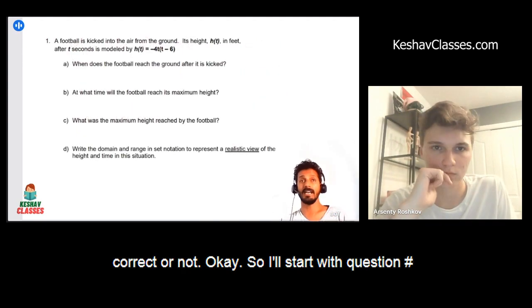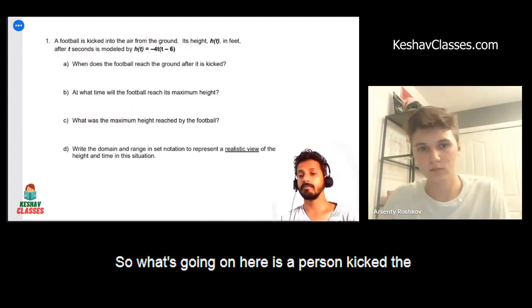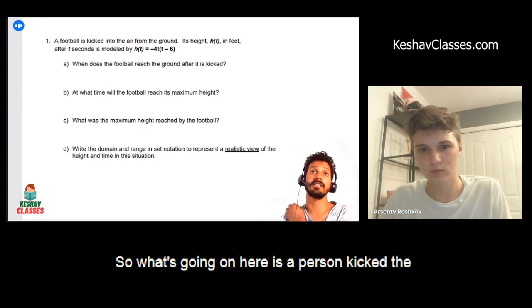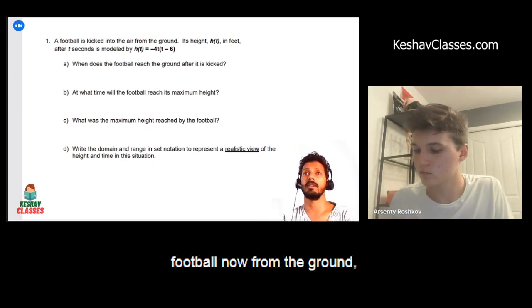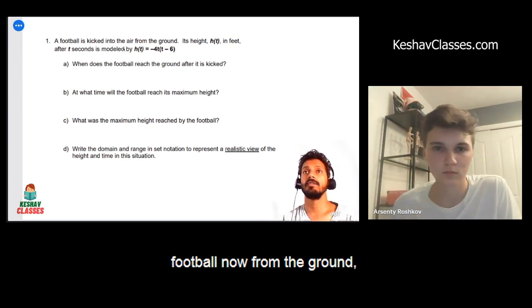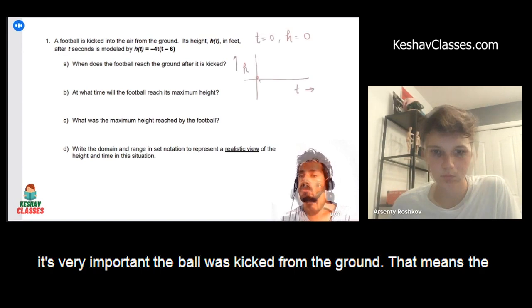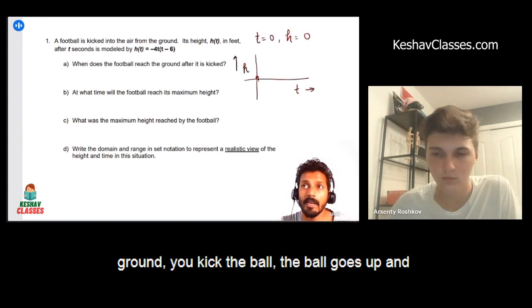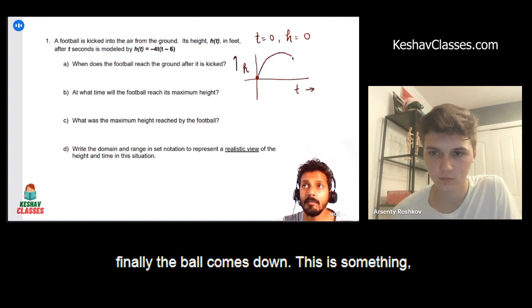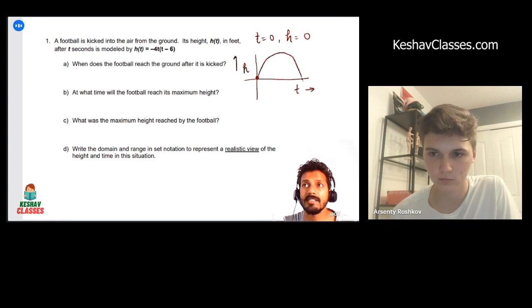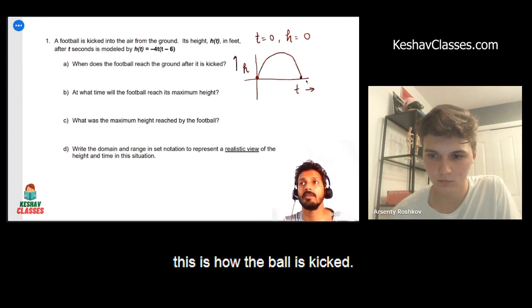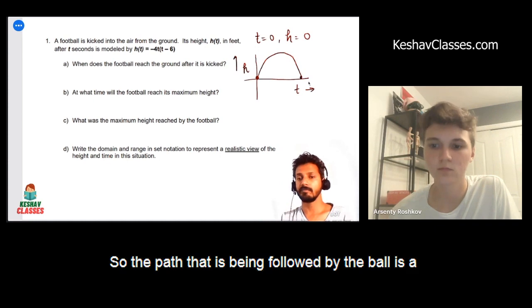Okay, so I'll start with question number 1. What's going on here is a person kicked a football. Now from the ground, it's very important, you kick the ball, it goes up, and finally the ball comes down. This is how the ball is kicked.